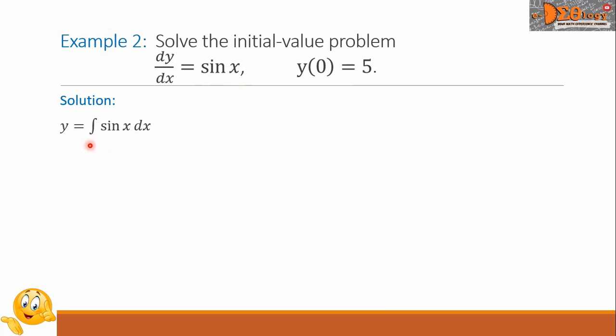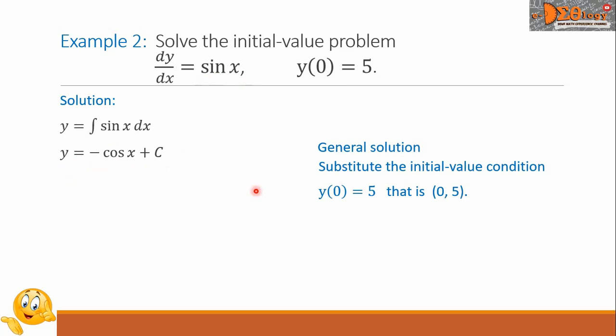Solving for the integral, we have now y equals negative cosine x plus c. This is now the general solution. Next step is to find the value of c. Let us substitute the initial value condition.